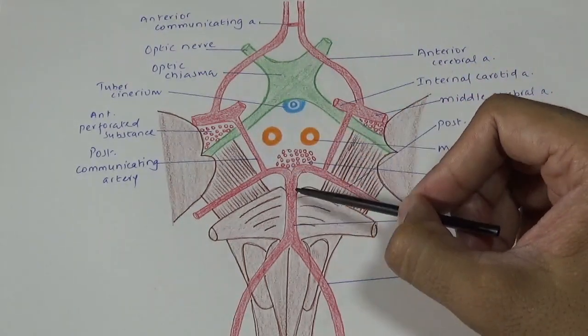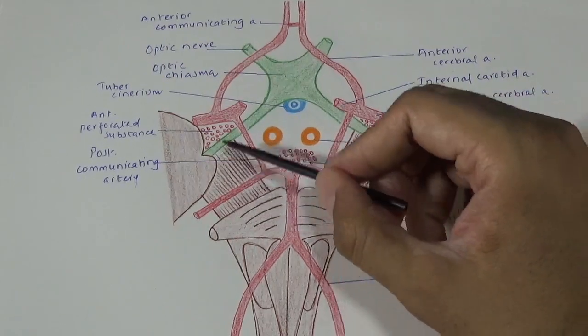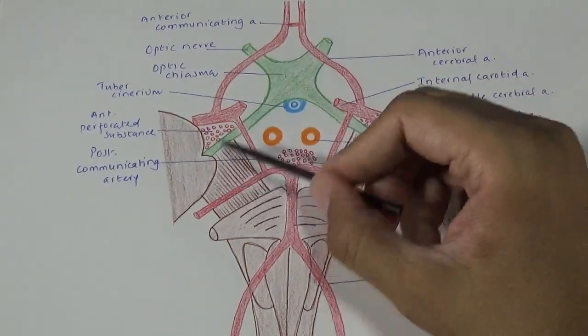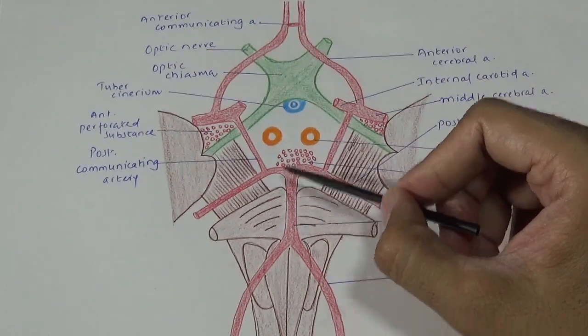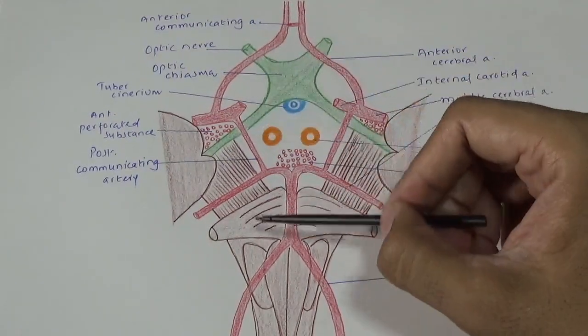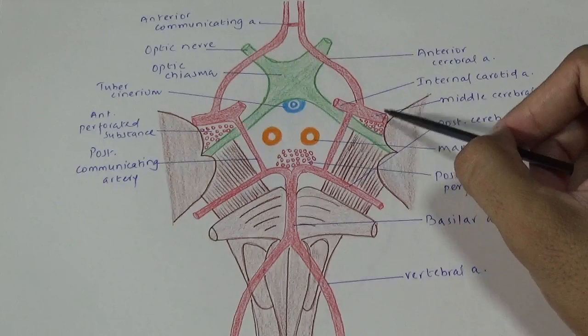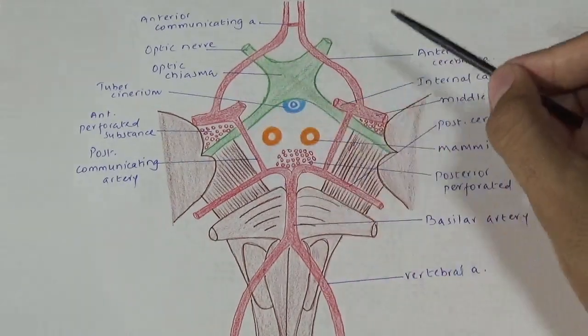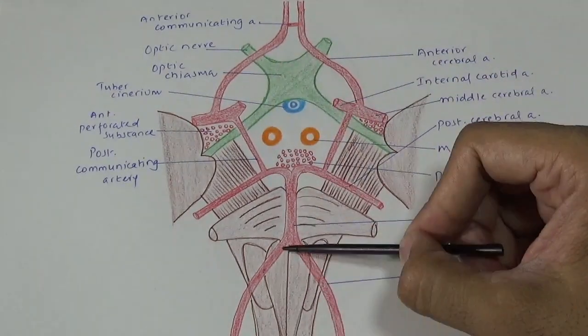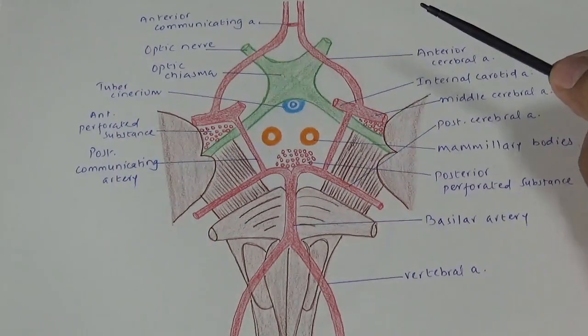Expanded subarachnoid space is termed as subarachnoid cistern, and here there is formation of interpeduncular cistern. Within this cistern lies the circle of Willis. Again I am telling, it is formed by branches of two internal carotids and two fourth parts of vertebral arteries.